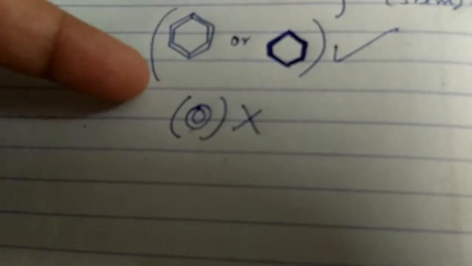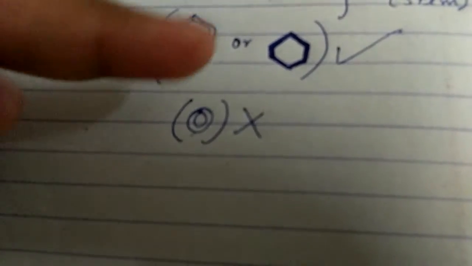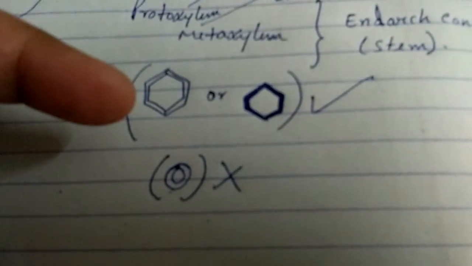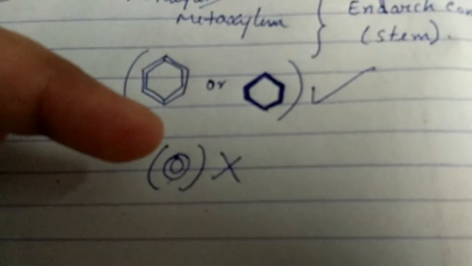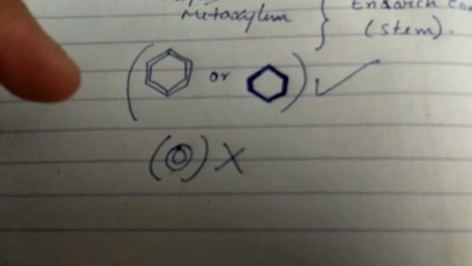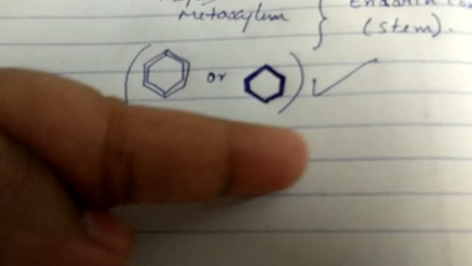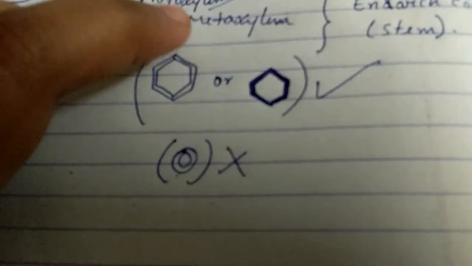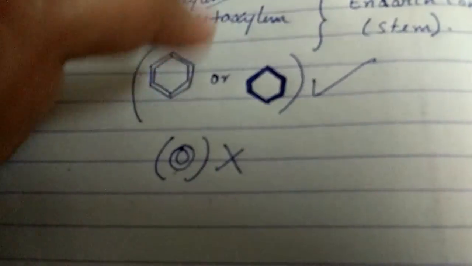It is hexagonal in shape with thick outlines. So if you prefer to draw two lines like this, then it's okay, or you draw this in this manner by thickening the edges to show thick walls in the case of xylem.